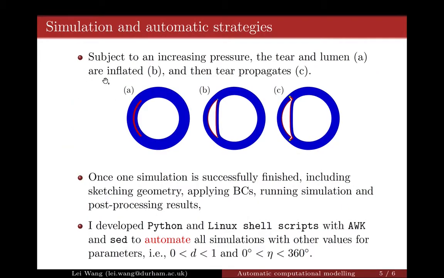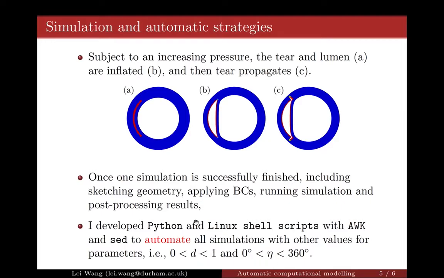Let's have a look at what happened in the simulation. Subject to the pressure, both the lumen and tear were inflated first. As the pressure continued to increase to a certain value, the tear started to propagate. Recall that the study is going to investigate the effect of D and eta.